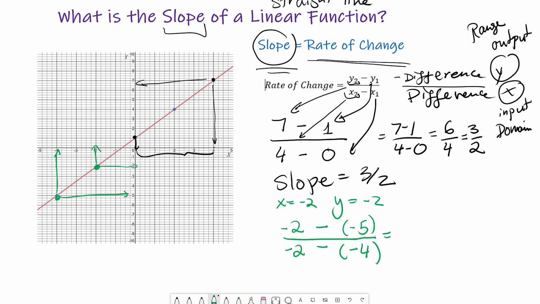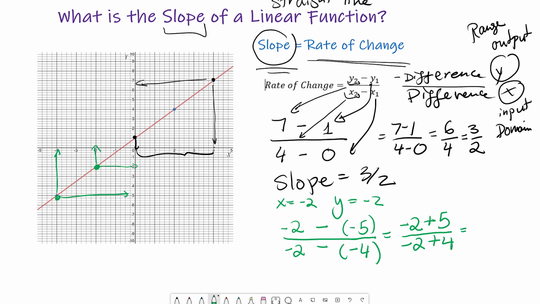So what do we get here? We're looking at the difference with a negative number, so we have to remember that minus is just plus. So we have negative 2 plus 5, divided by negative 2 plus 4.